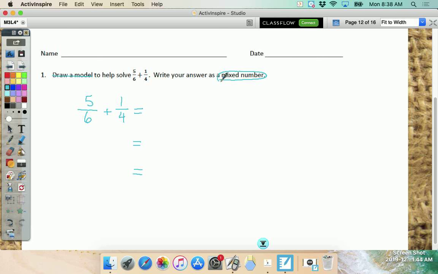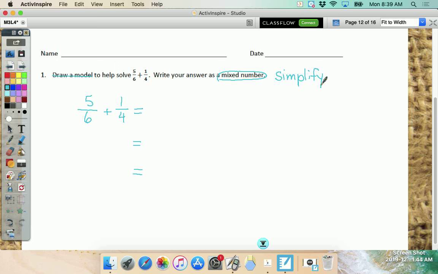That means you're going to have a whole number mixed up with a fraction. And then right beside that, I want you to write simplify. You need to change it to a mixed number before you divide your fraction to make it smaller.